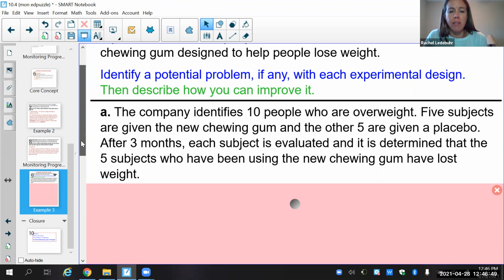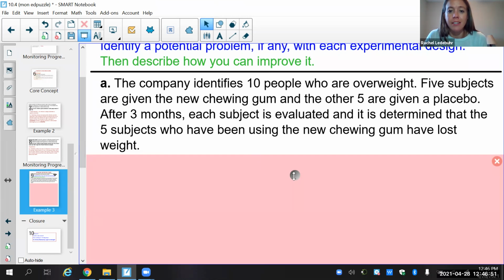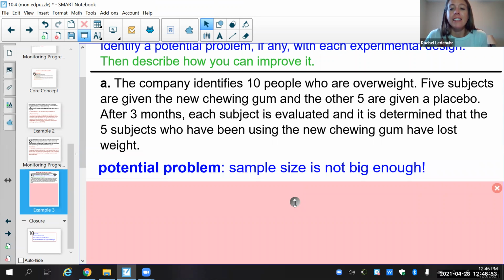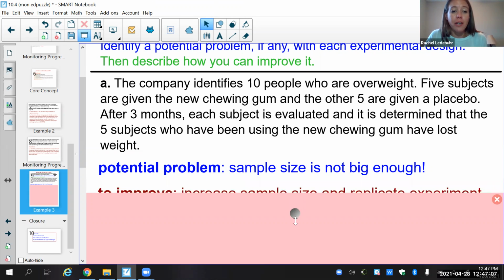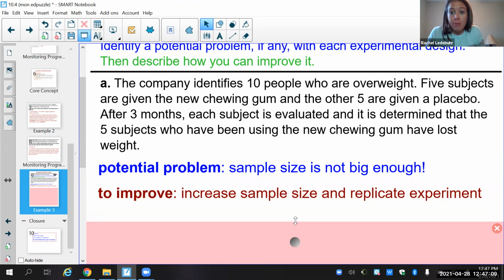So we want to see, is there a potential problem with this? Well, there is. The sample size is not big enough. If we are looking at 5 people compared to 5 people, that is not enough to make a valid conclusion. We want more. Well, that leads into how we can improve this. Just increase the sample size, replicate that experiment.